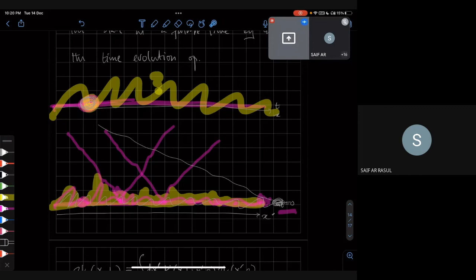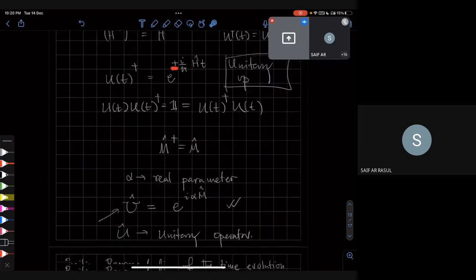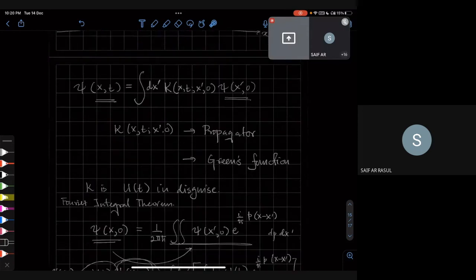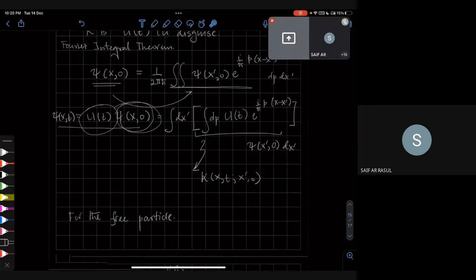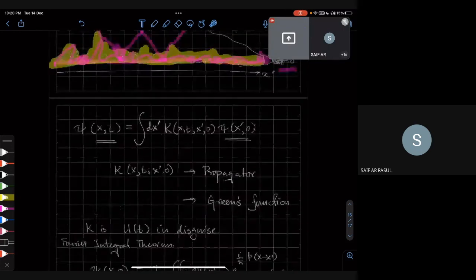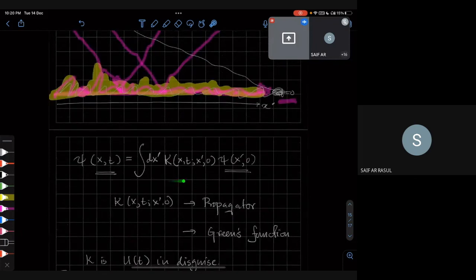in principle it's infinite. Because if I look at this equation, here's the propagator, right? So here we are integrating over all x prime.